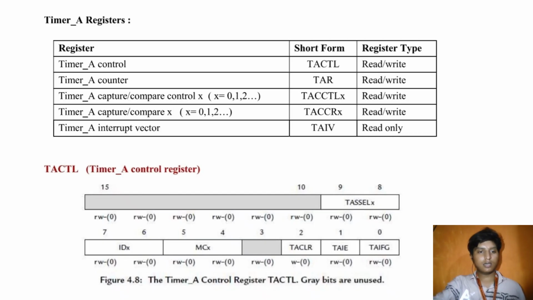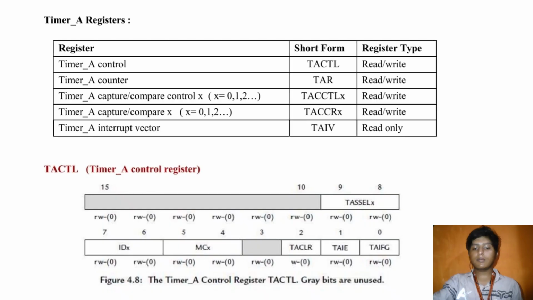And you can see the diagram's purpose: a clear expression of pointers, the timer registers overview. TACTL means timer A control register. It controls overall timer operation, selects the clock source, mode and interrupt.